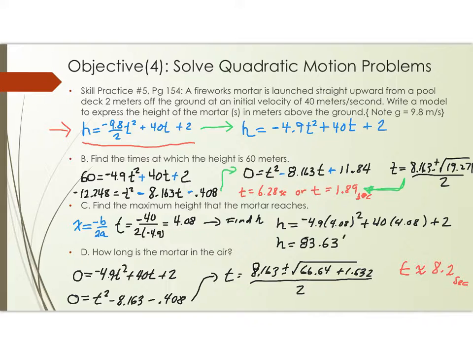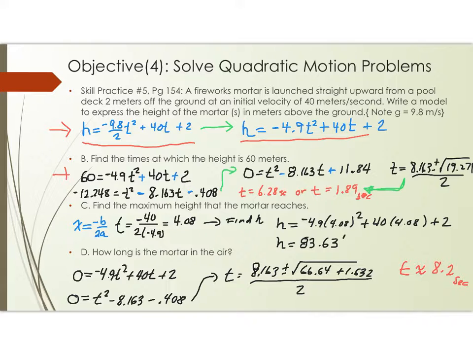So now we can rewrite this as h is equal to a negative 4.9 t squared plus 40t plus 2. The next question is, find the times at which the height is 60 meters. So we want h to be 60, and in our equation 60 is equal to a negative 4.9 t squared plus 40t plus 2.